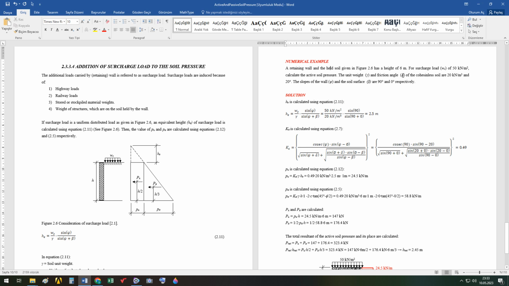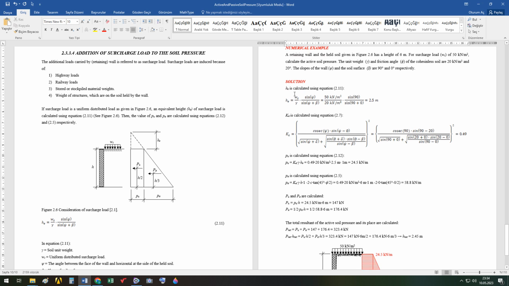The unit weight and friction angle of the cohesionless soil are 20 kilonewton per cubic meter and 20 degrees. So the cohesion c equals 0. The slope of the wall and the soil surface are 90 degrees. This is 90 degrees. Beta is 0 respectively.